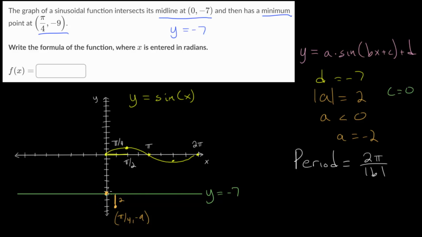So if we can figure out that horizontal distance, we can then just multiply it by 4 to find the period. And we can, of course, do that. Our period here would be 4 multiplied by this horizontal distance, but this starts at 0 and this goes to pi over 4, so this distance is just pi over 4, meaning that our period is simply pi.